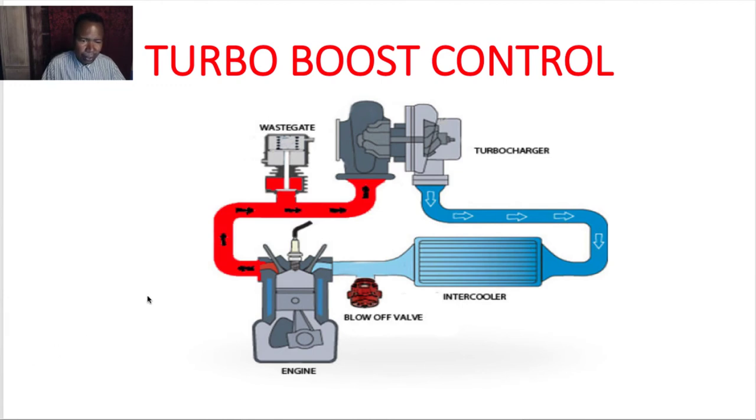As you can see here, this wastegate controls the boost pressure. Now you can't let the boost pressure get too high because you're going to damage something. So with inputs to the computer, if it's computer controlled, or some other actuator, that sees a load on the vehicle or excessive boost, the wastegate opens up and bleeds off the pressure from the turbine.